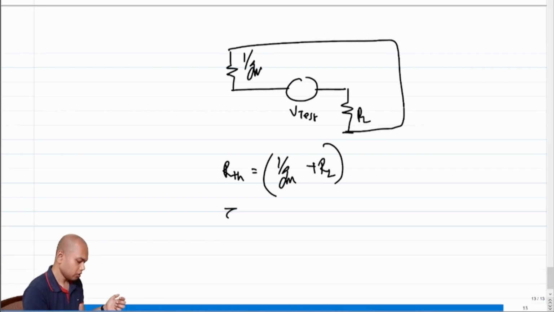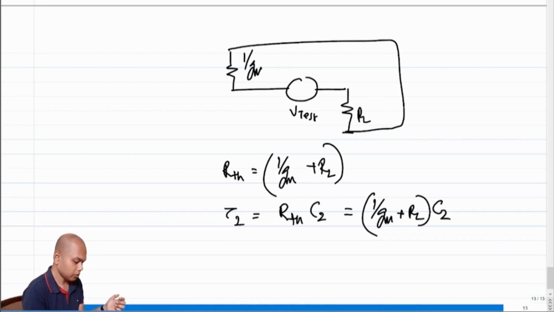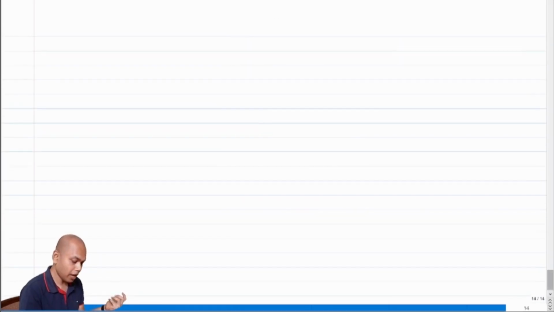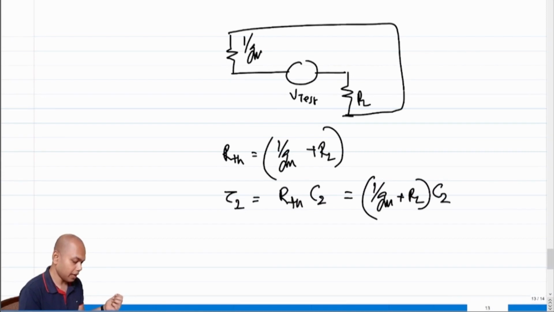So what is the time constant associated with C2? It is RTH times C2, which is (1 over Gm plus RL) times C2. So what is the constraint that C2 must follow if C2 has to behave like a short circuit at omega naught?